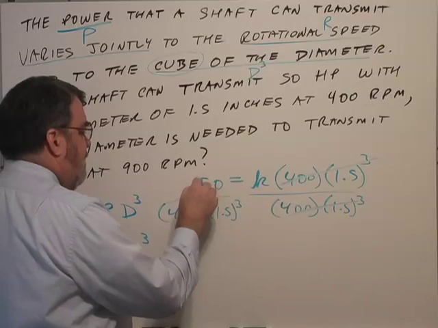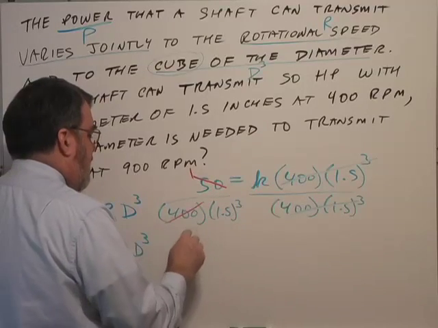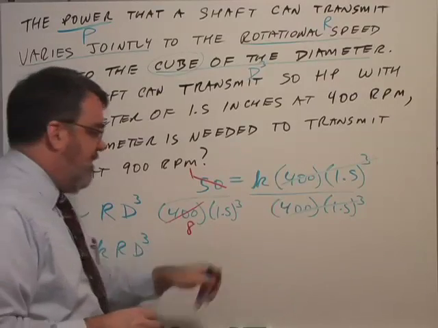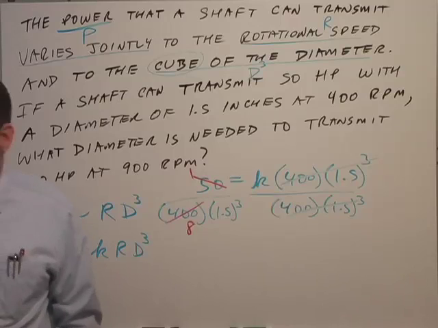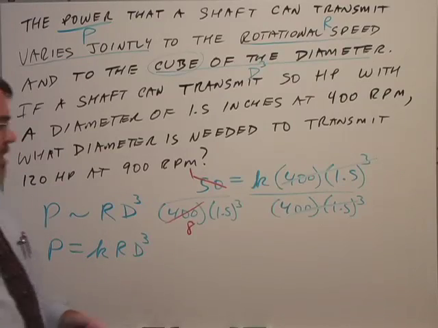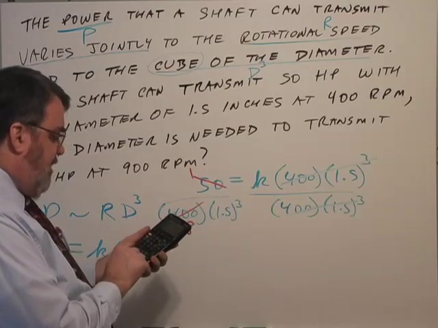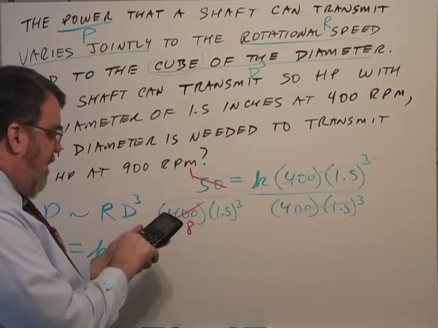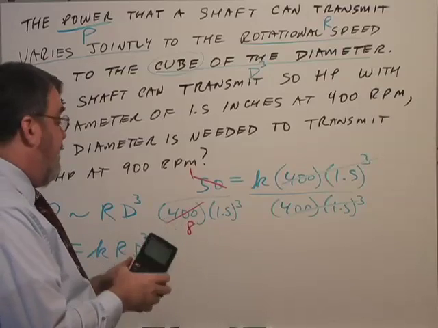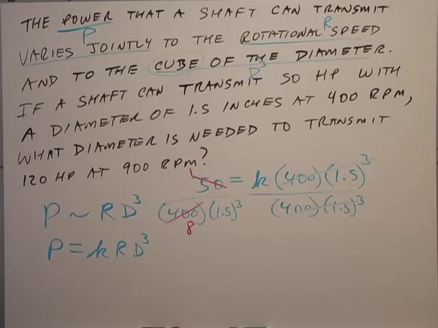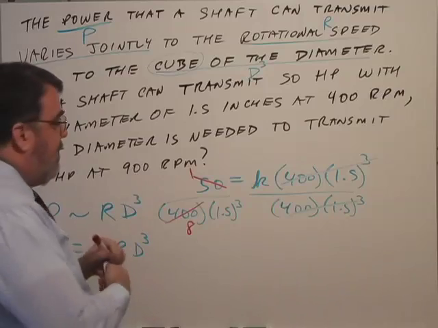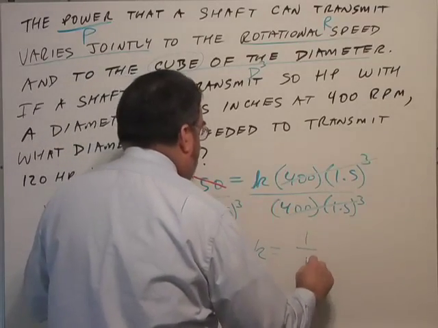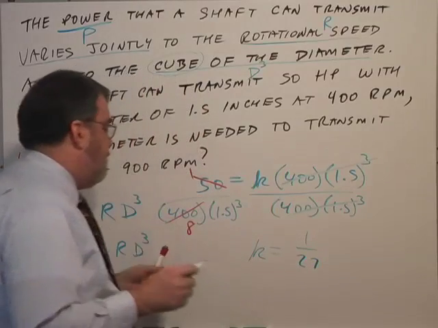The 50 goes into 400 8 times, and something tells me 8 times 1.5 cubed is going to be a friendly number. Let's see, 1.5 raised to the third power times 8 is 27. So I got lucky, I just made up these numbers, but K is a rather friendly fraction here, just 1 over 27.